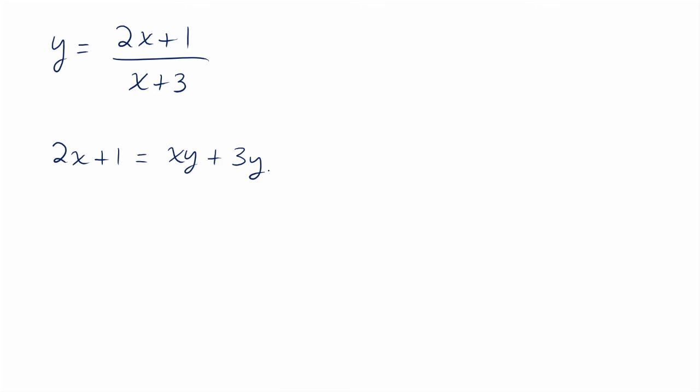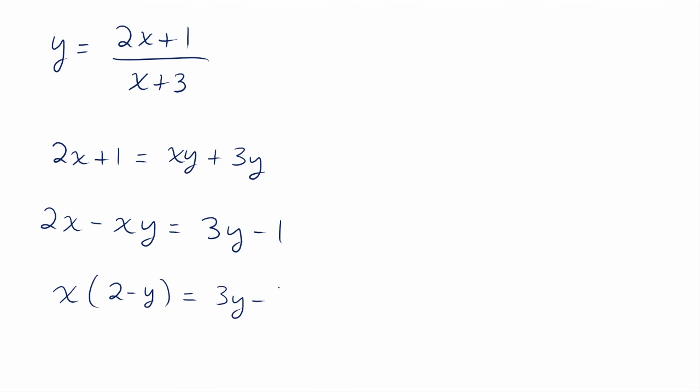Again, we want to solve this equation for x. So we would have, subtracting xy from both sides and subtracting 1 from both sides, 2x minus xy equals 3y minus 1. Factoring out an x from the left, we get x times the quantity 2 minus y is equal to 3y minus 1.